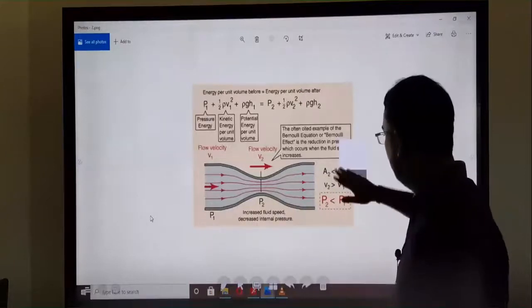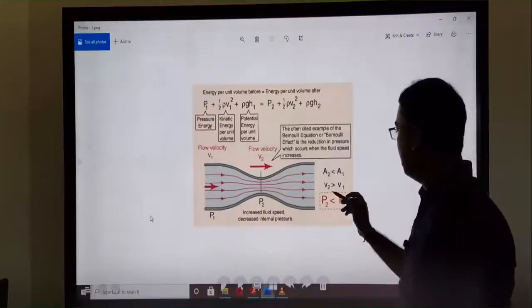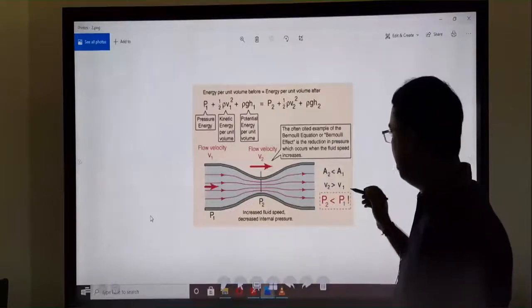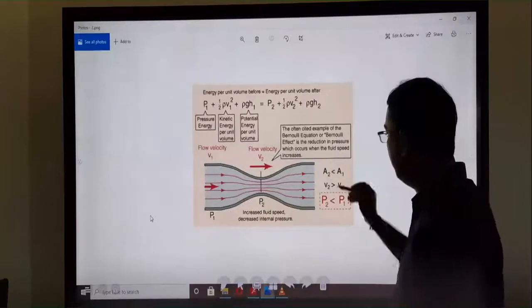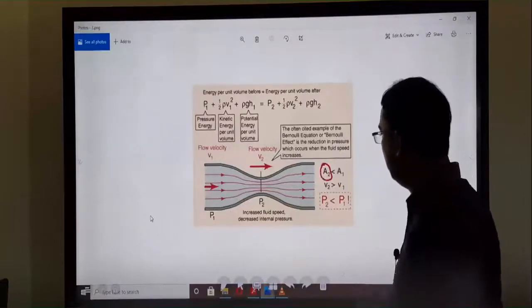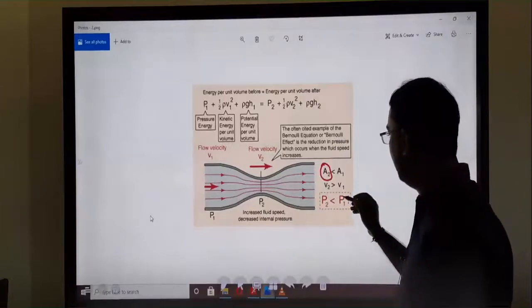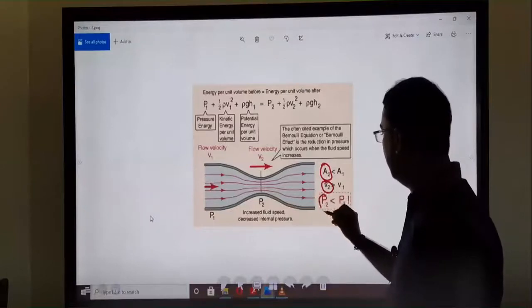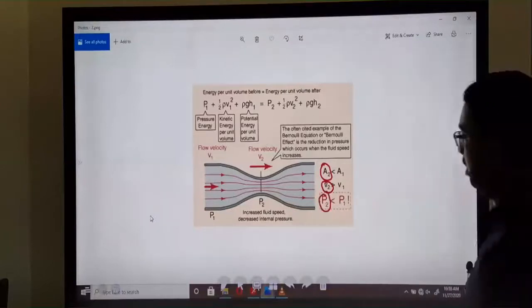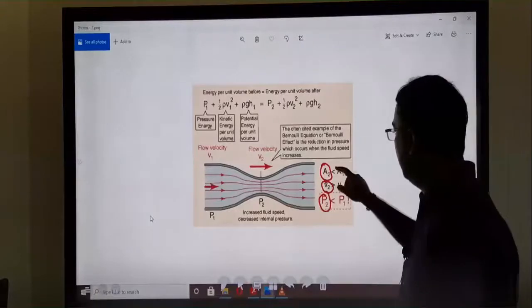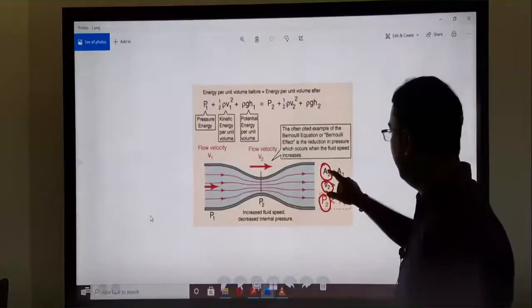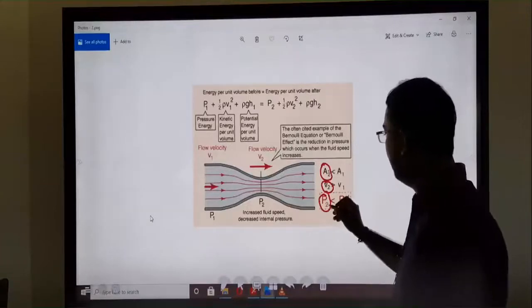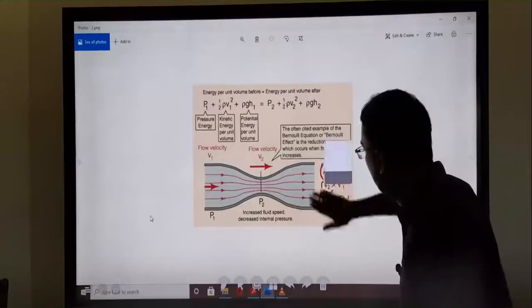From this the equation is derived. That means if the cross section is smaller, the velocity of the fluid is high, and at the same time the pressure is low. So if the cross section is reduced, the pressure in that area is also reduced.